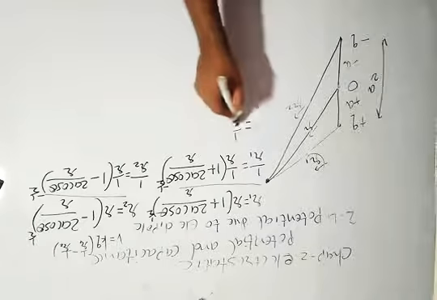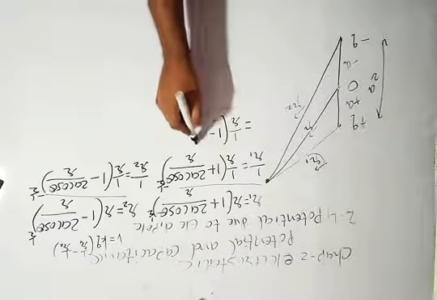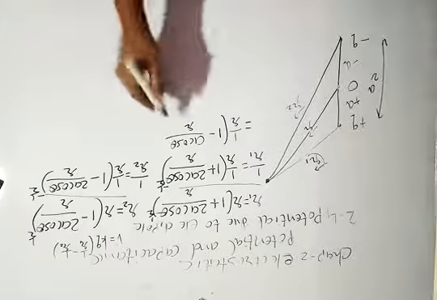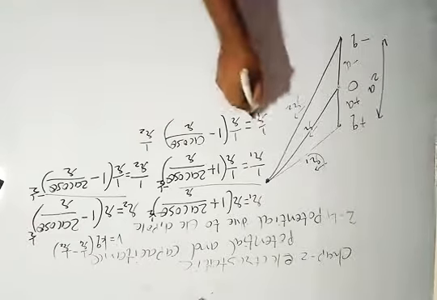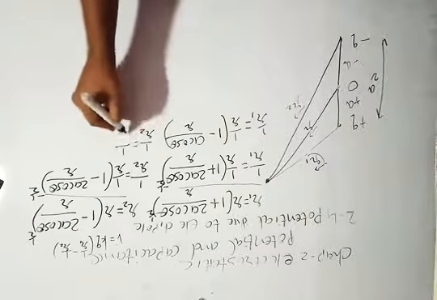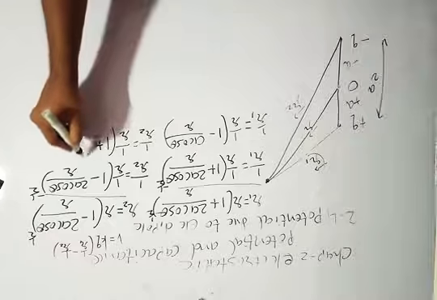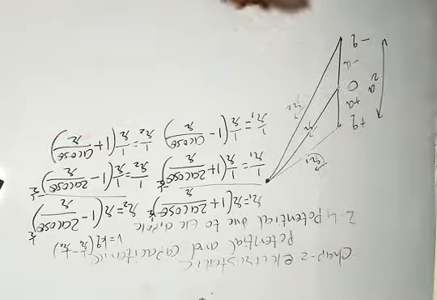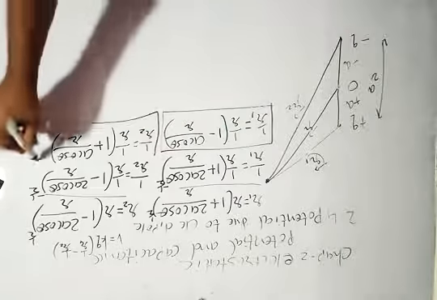So 1 upon r, here we are left with 1 minus a cos theta upon r, because the 2 will be cancelled out. So 1 upon r1 is equal to 1 upon r into 1 minus a cos theta upon r, and 1 upon r2 is 1 upon r into 1 plus a cos theta upon r. Clear? So we have found 1 upon r1 and 1 upon r2.